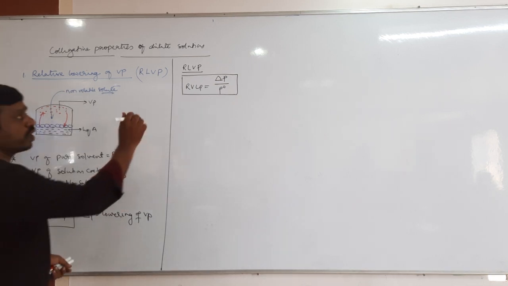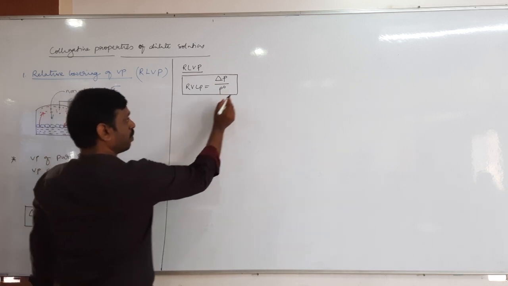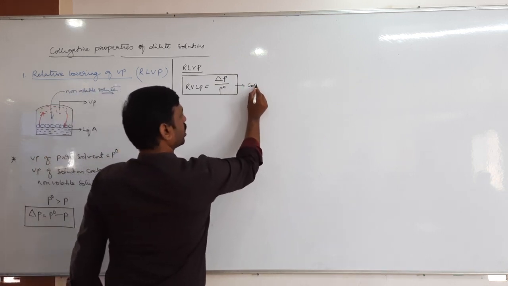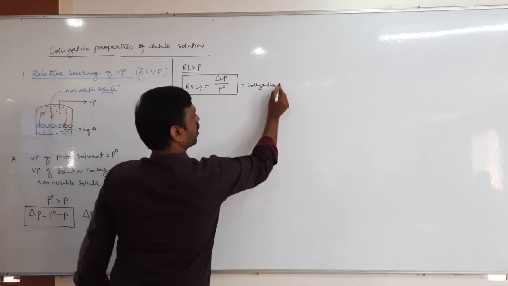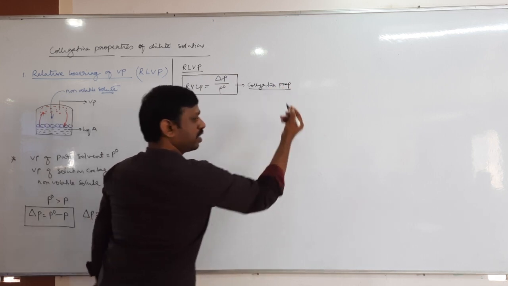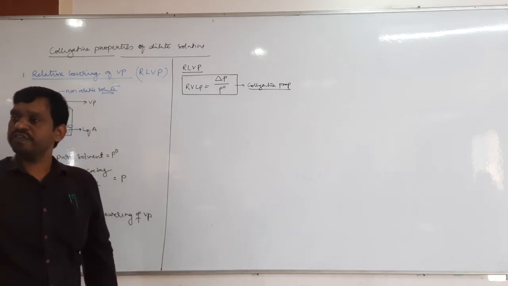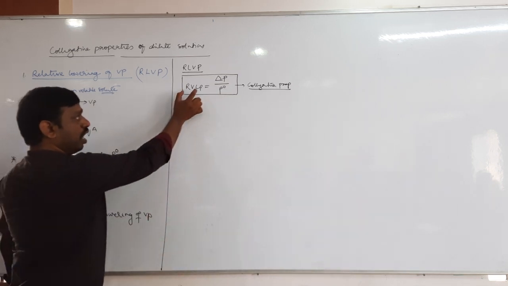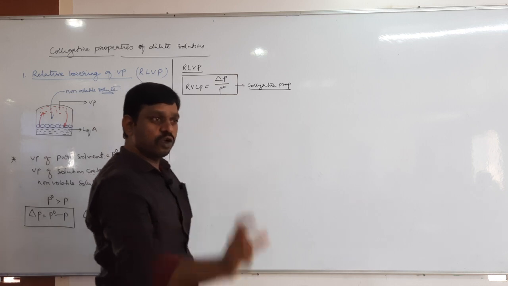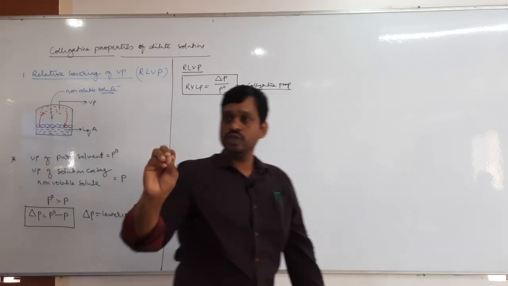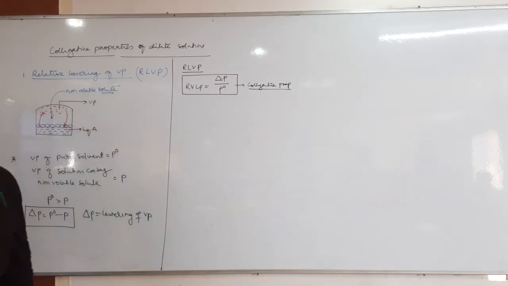This relative lowering of vapor pressure is a colligative property. So what is the meaning of colligative property? The property which depends on the number of solute particles. That means RLVP depends on the number of solute particles or concentration of solute particles. Therefore it is a colligative property.